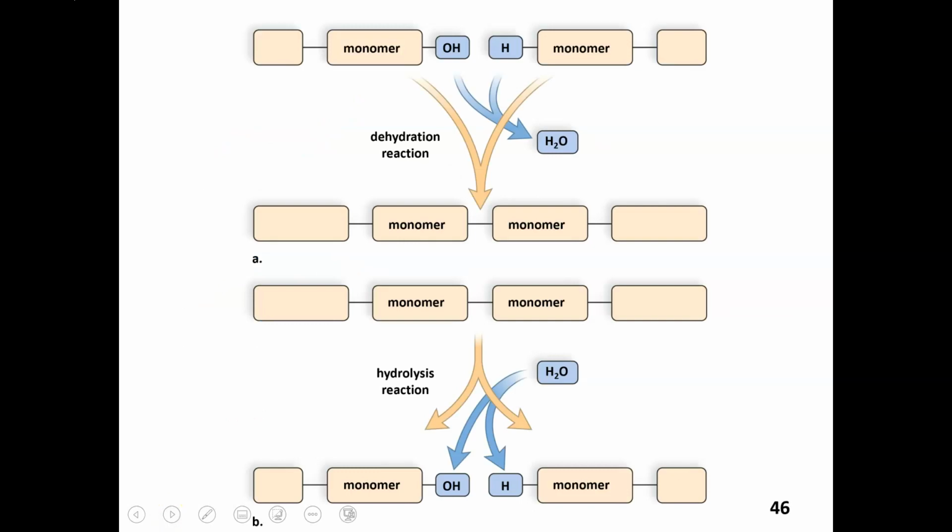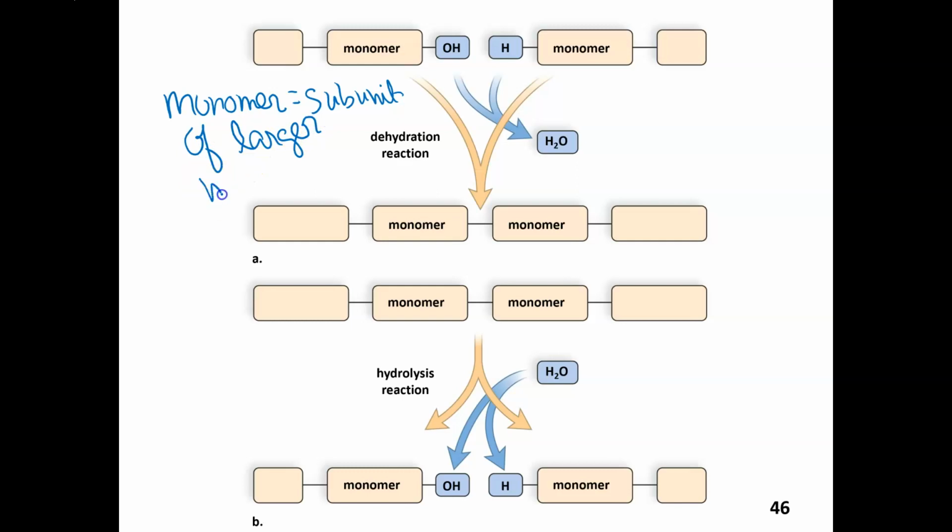So let's look at it. Here you have a monomer. Remember, a monomer is a subunit of a larger macromolecule. So a monomer is just a subunit of a larger substance.